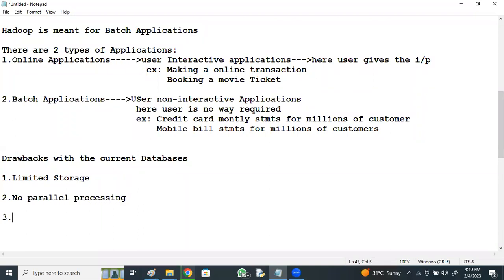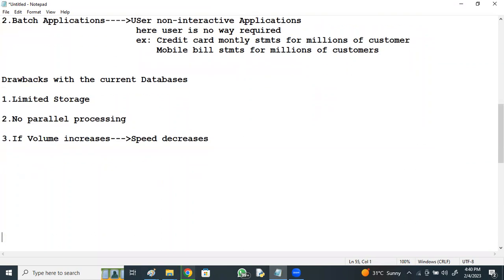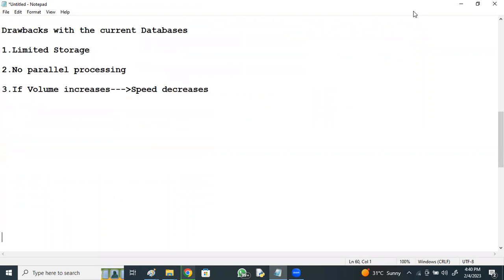And thirdly, if volume increases, speed decreases.